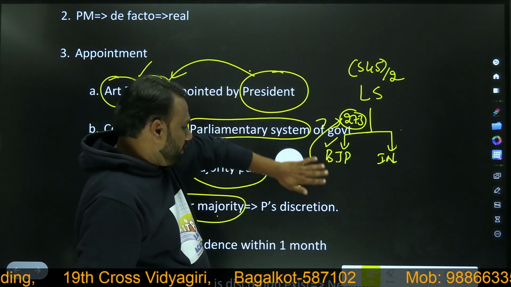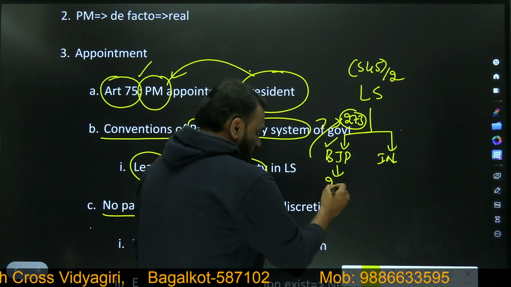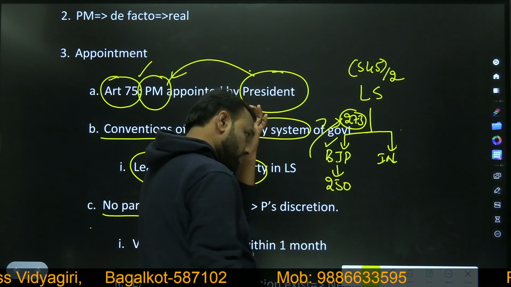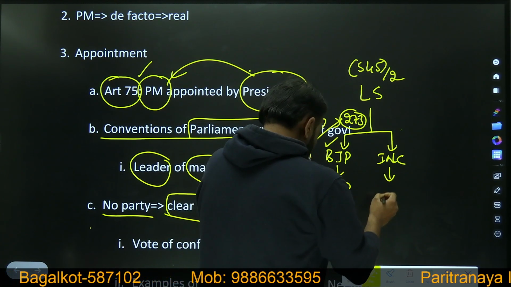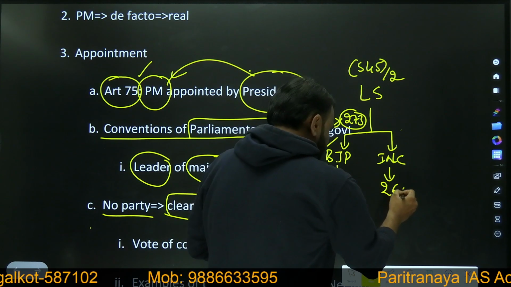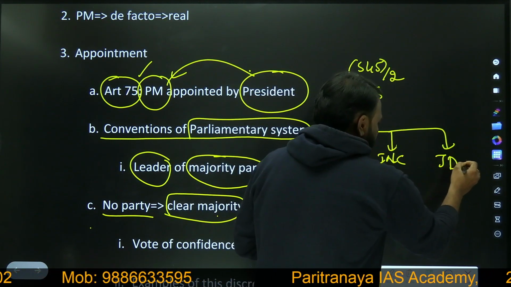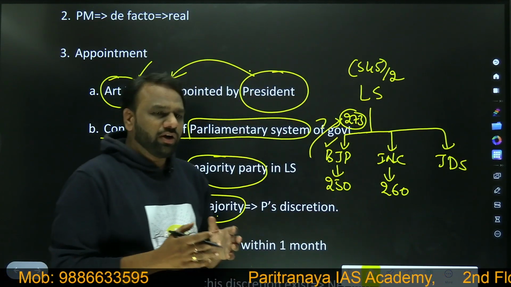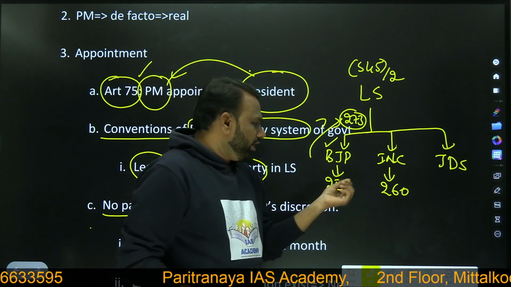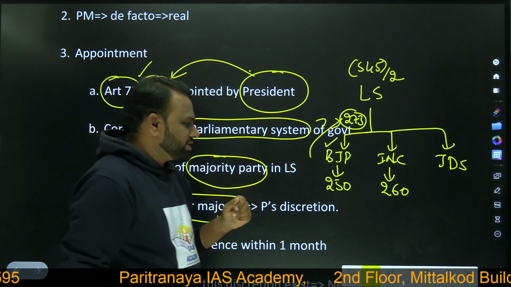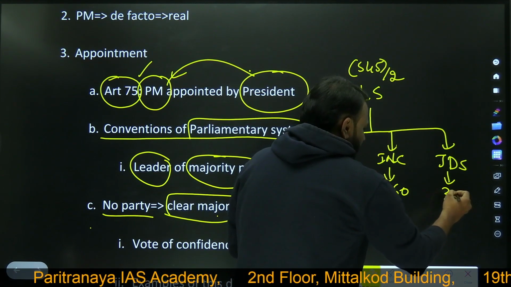Let us assume BJP has got 250 seats, Indian National Congress has got 260 seats, and let us assume we have one more party, JDS. In reality, there are many parties, but to make our discussion easier, I'll stick to only three parties. So BJP has 250, Indian National Congress has 260, and the remaining 35 seats are from JDS.